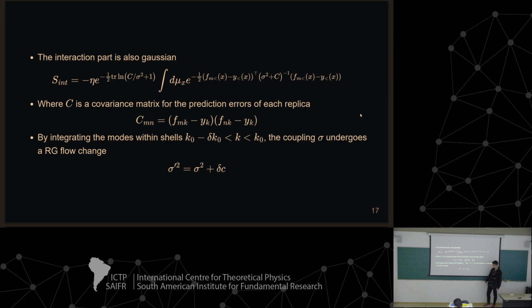So, we can do this procedure and compute the new coupling constants. And if we do this recursively, we will arrive at a theory that only contains the learnable modes from the data.